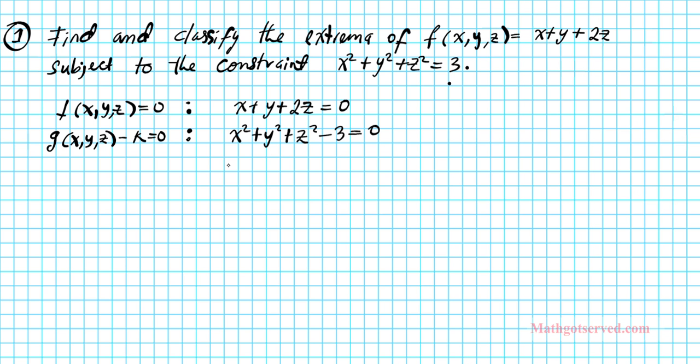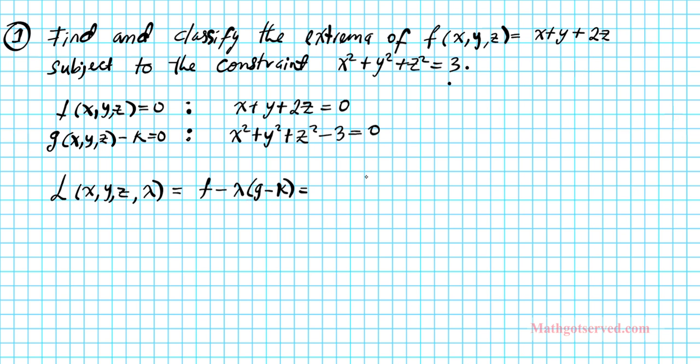In step number 2, we are going to be creating a new function, the L function. So L of x, y, z, and the new variable lambda. Let's write down the formula to guide our construction. To generate the L function, you just do f minus lambda times g minus k, which is the constraint equation set equal to 0.